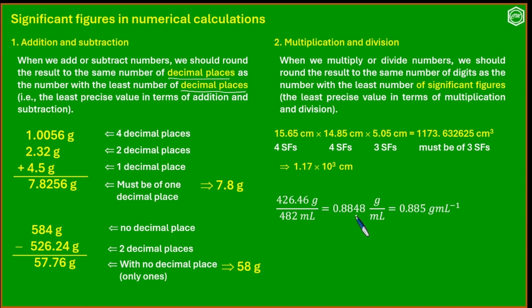So the last digit to retain is 4 and the digit to be dropped is 8. So the last digit increases by 1 unit. So therefore the final result will be 0.885 gram per ml. This is because 5 significant figures divided by 3 significant figures, the result must be in 3 significant figures.